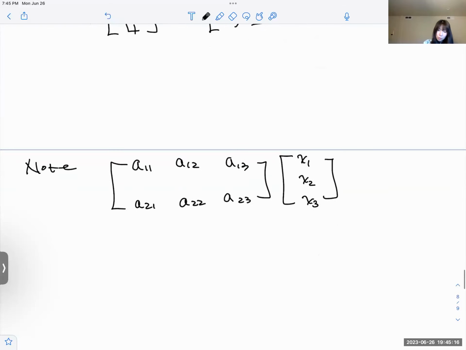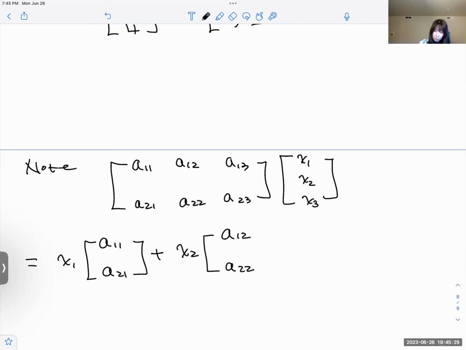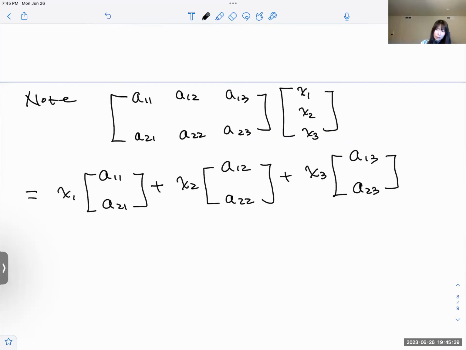All right, so this will be x sub 1 times a sub 1,1, a sub 2,1, plus x sub 2 times a sub 1,2, a sub 2,2, and plus x sub 3 times a sub 1,3, a sub 2,3. Okay, we multiply everything and add them.